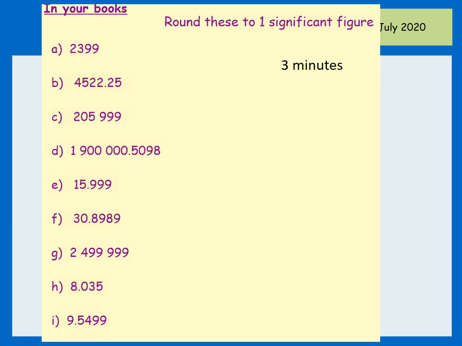Now, I'm going to give you 3 minutes to have a go yourselves at rounding numbers to one significant figure.